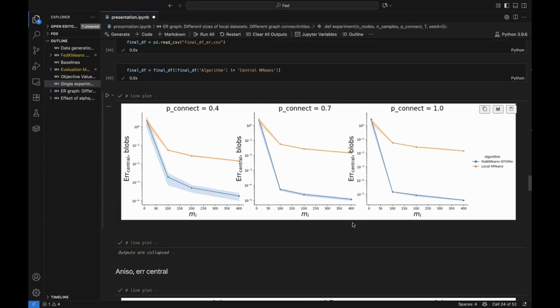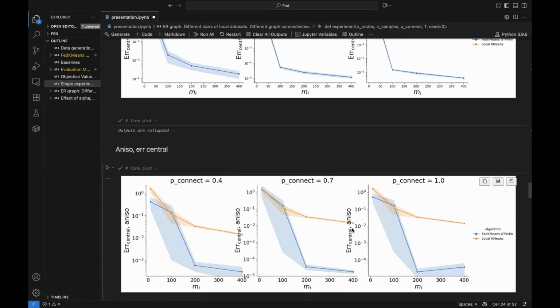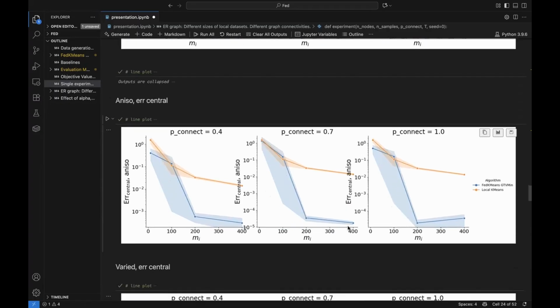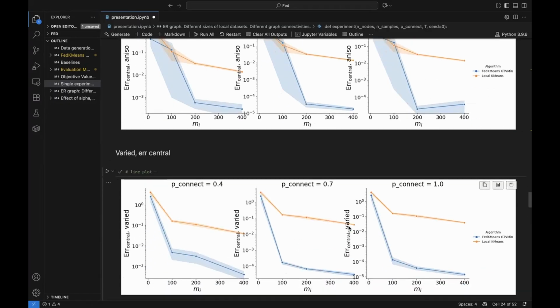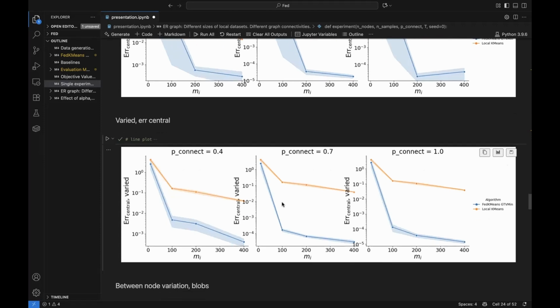Same thing happens for the type of cluster ANISO, and the same with varied, with different values for the performances, but the behavior is the same.